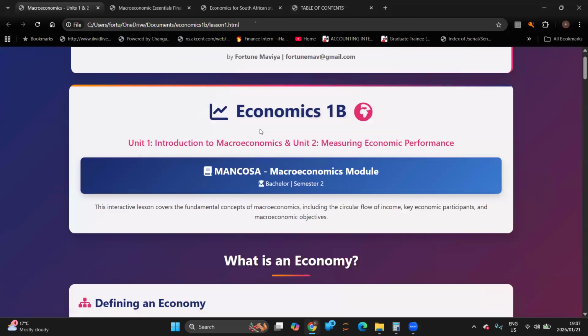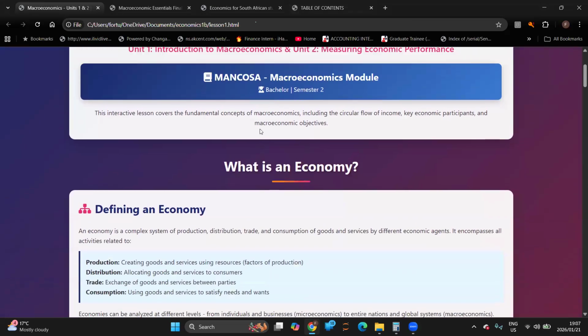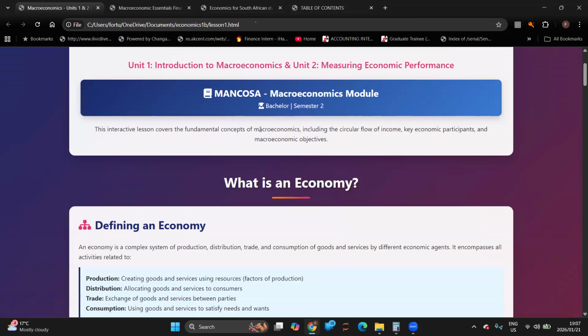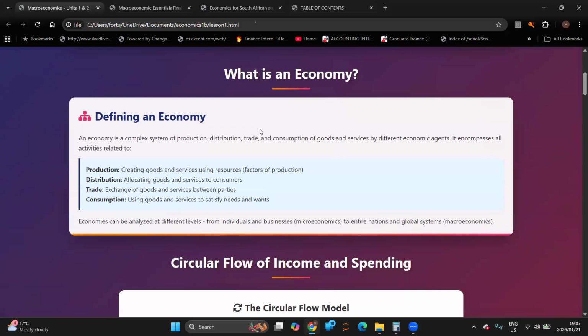So for today, we want to look at the broader term, which is defining an economy. Since we've talked about the differences between macro and microeconomics, we need to also appreciate what we're going to be looking at in the greater picture.